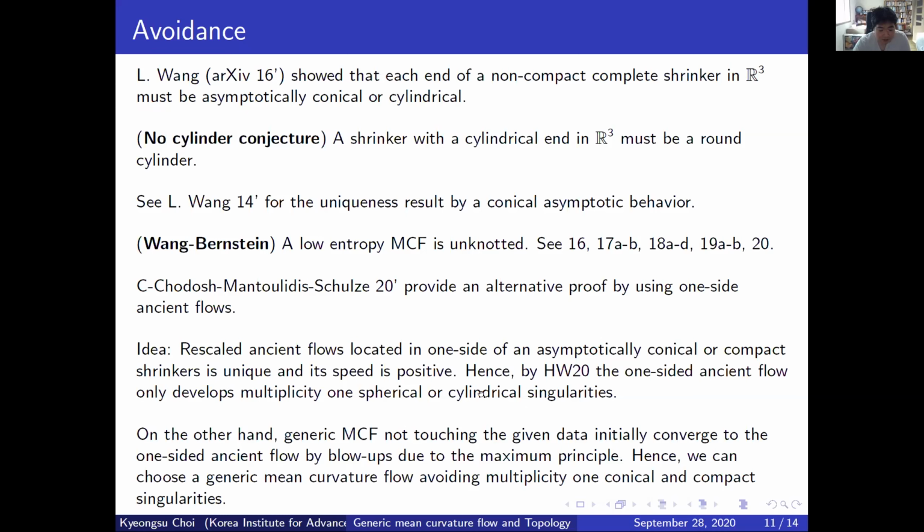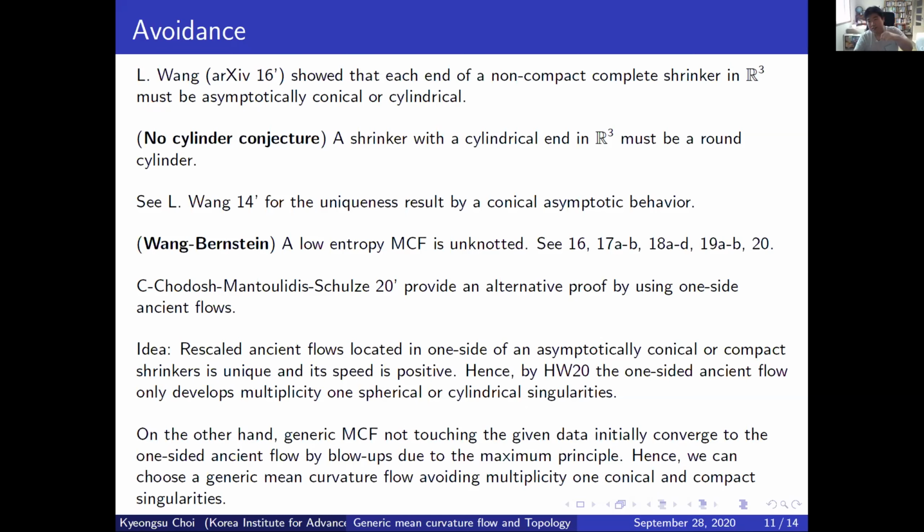Okay, and then how to use the one-sidedness. If you consider a generic mean curvature flow whose initial data does not touch the given data initially, then by the maximum principle, they never touch, up to the singularity.